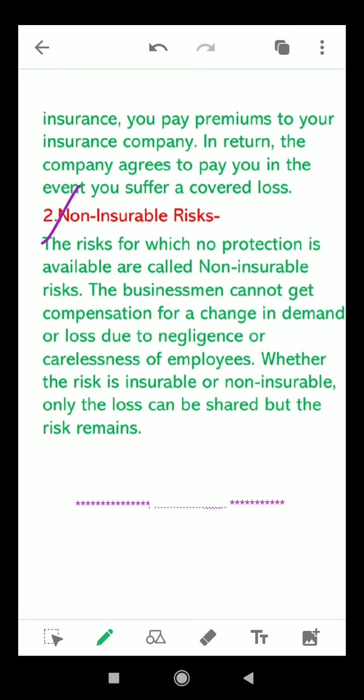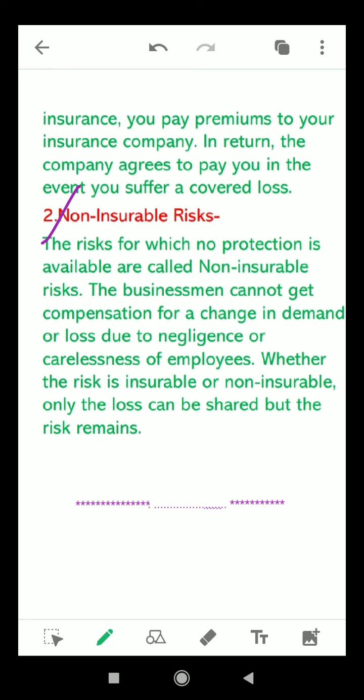Generally, the economic and human risks are non-insurable risks. A businessman cannot get any compensation if sales go down due to competition or lack of demand. Similarly, losses caused by human negligence cannot be saved. Due to your negligence, if your business is not getting the profit or your business is facing the loss, you will not get any compensation from the insurance company.